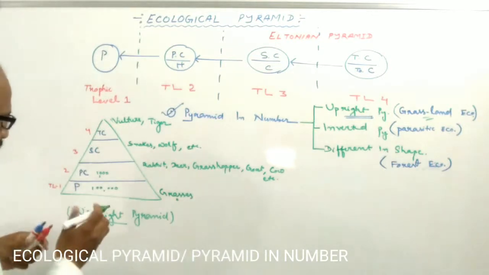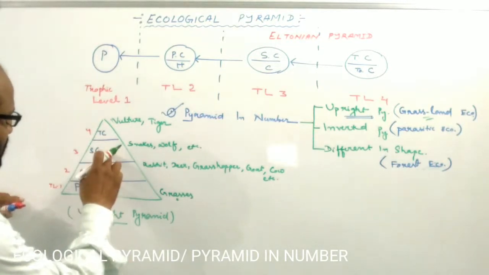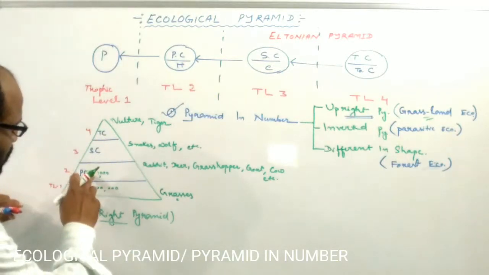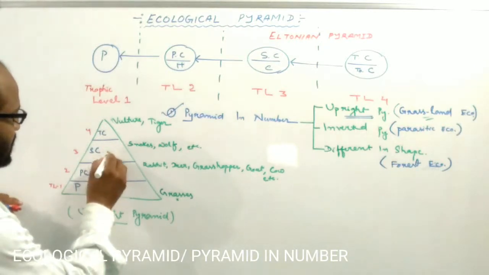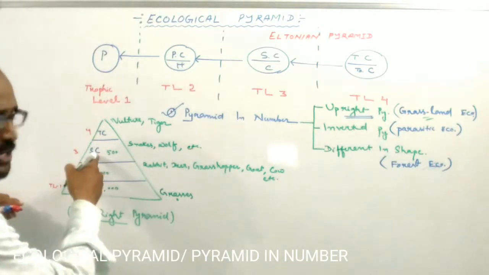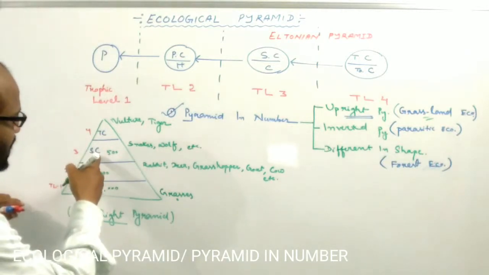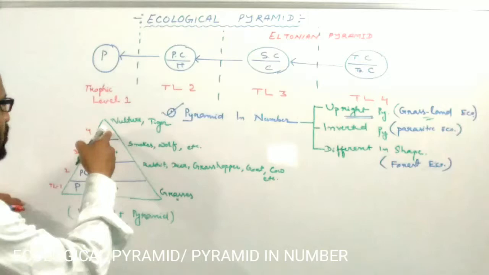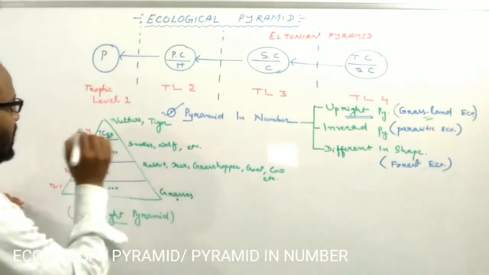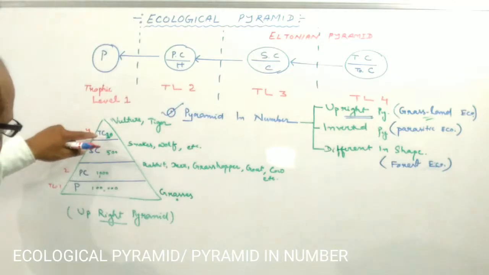Suppose that the number of the secondary consumers is less than the primary consumers. Suppose there are 500 wolves, snakes or other secondary consumers, and such secondary consumers support the top consumers, and suppose that 10 top consumers are present.